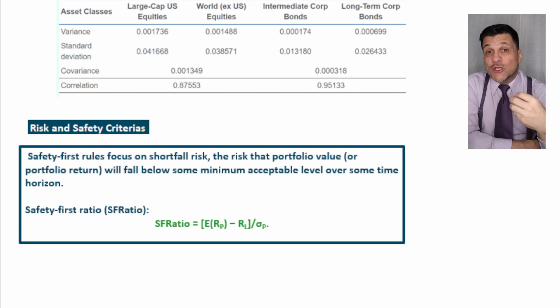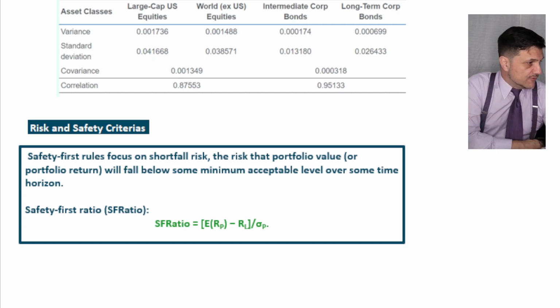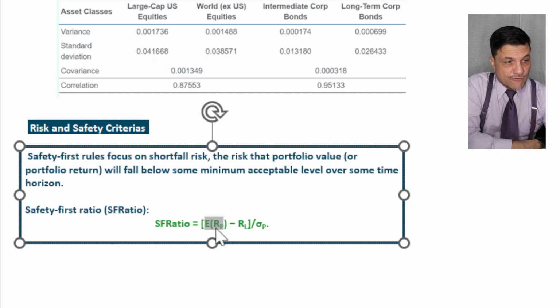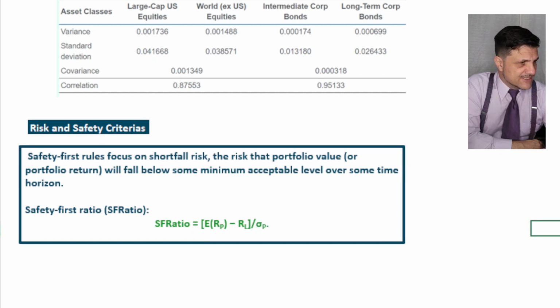Based on that, I'm going to select portfolios. So look at that. The formula of Roy's safety first ratio is the expected return of the portfolio minus the return required by the client, divided by the standard deviation of the portfolio. It's a very simple formula.